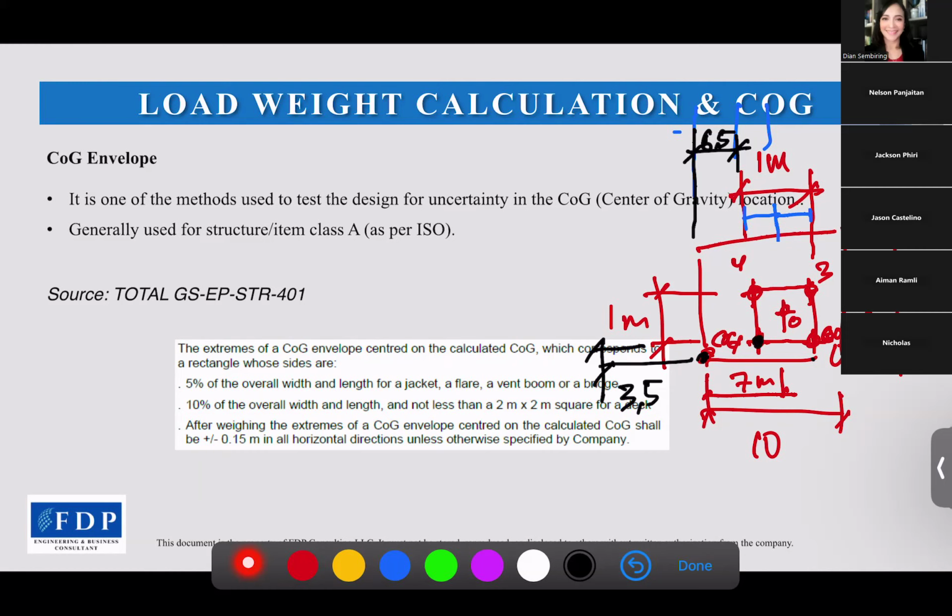And then case 3 will be COG2. We put the COG here and calculate the reaction, and so on with 3 and 4. Once we get the lifting point reaction based on all the COGs, we compare them and find the maximum reaction. Then it will be our basis for the lifting design. That's for the COG envelope.